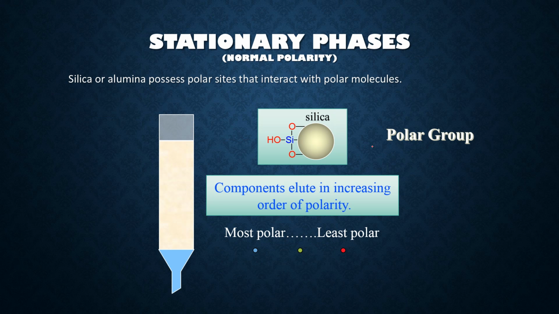So in the first type of stationary phase, normal polarity, you have a polar group such as an OH group, a hydroxyl group, bonded to a silicon atom on the silica. When you run your sample mixture down through the column, polar components are going to adsorb very strongly to the polar functional group on the silica beads.